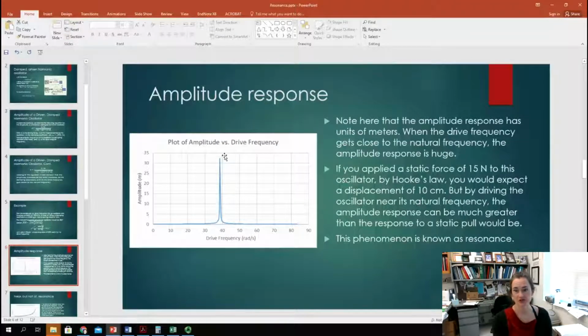So your amplitude is a lot higher for this kind of energy input than it would be from a static pull. This is resonance. This is what resonance does. It makes the amplitude response of the system go nuts compared to what it would be if you just gave it a gentle one-time pull.